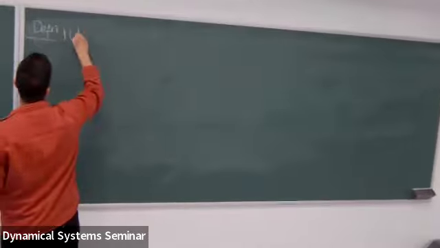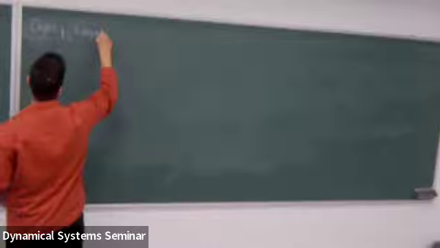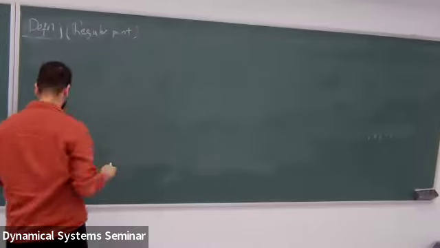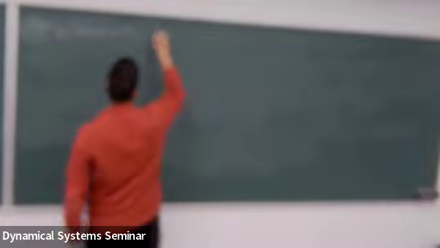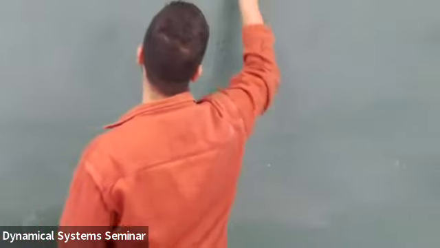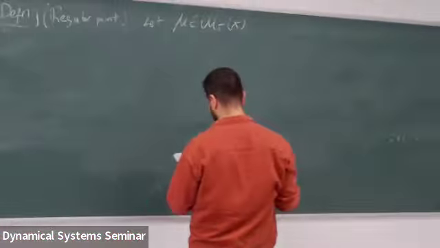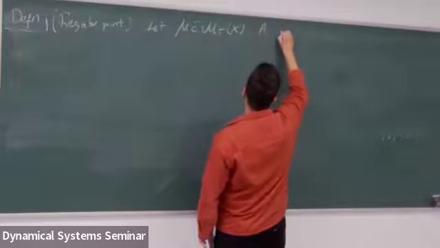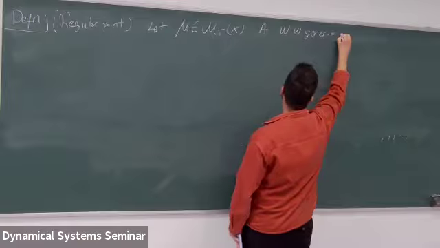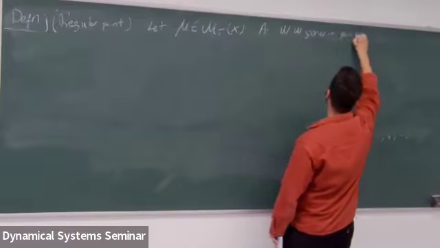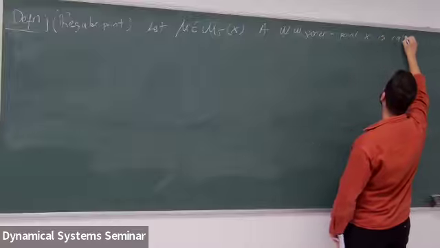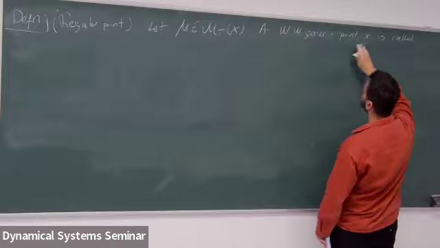So, that's a regular point. Let mu be T1 here. We are generic point. X is called, of course, for mu.